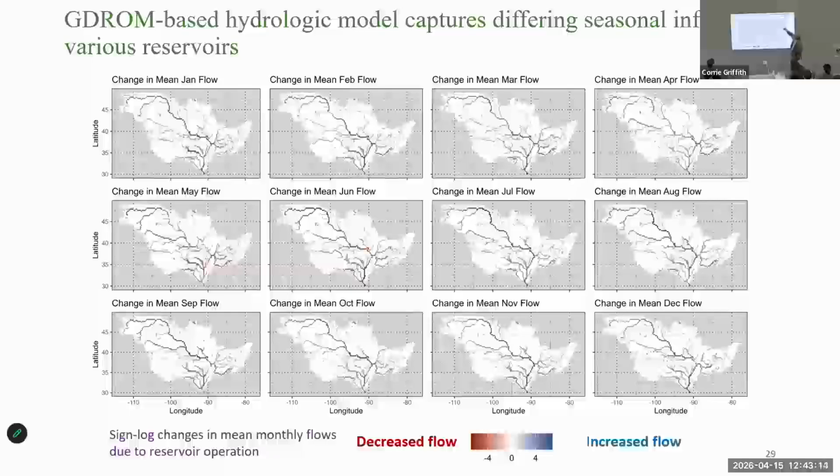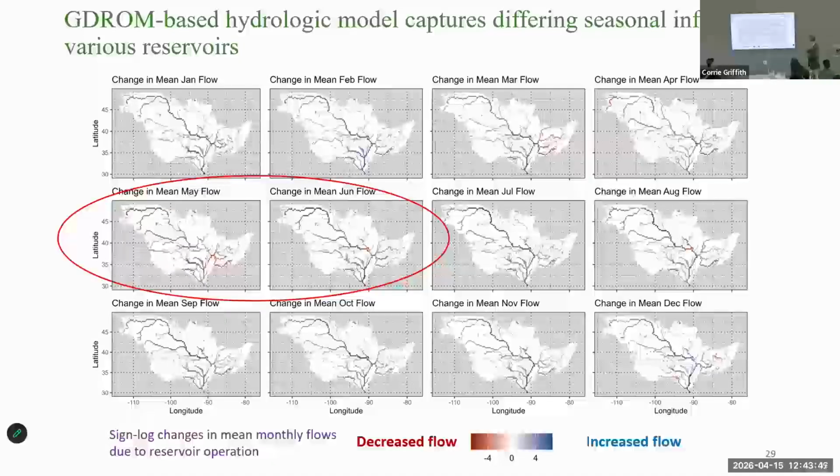In some months, especially on the main stem, we see the blue color. That basically says that in low flow times, the reservoirs increase the low flow. In the high flow periods, especially in May and June, when the flow is relatively high, the reservoirs reduce it. This just reflects what we observe.